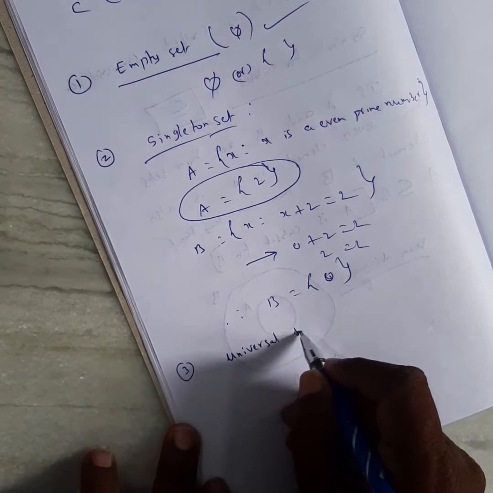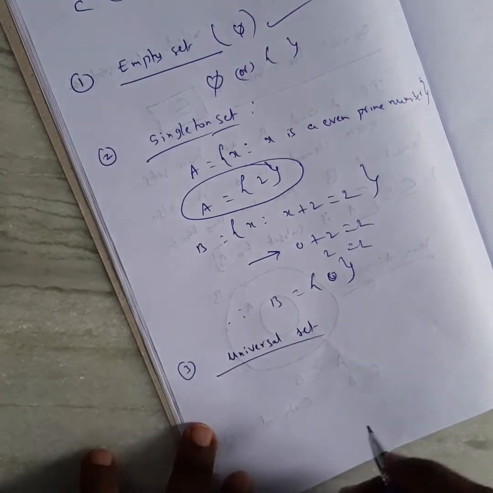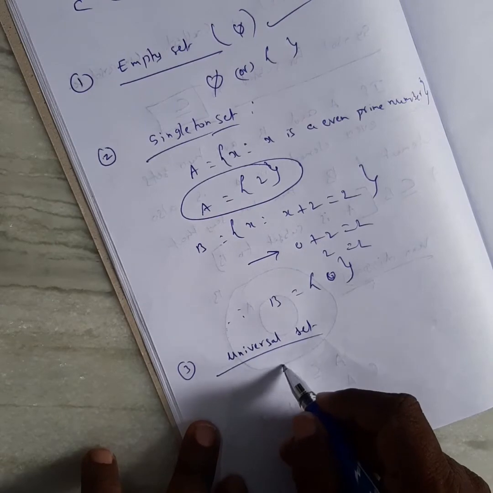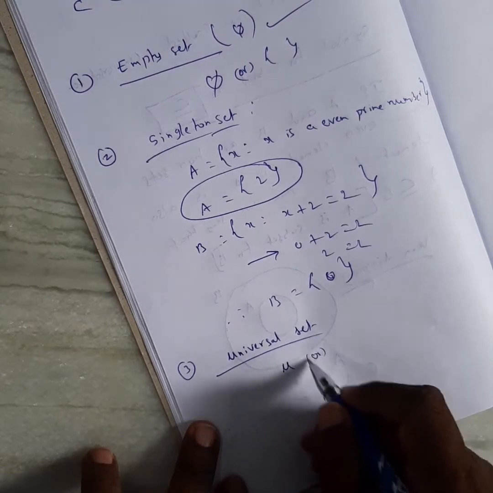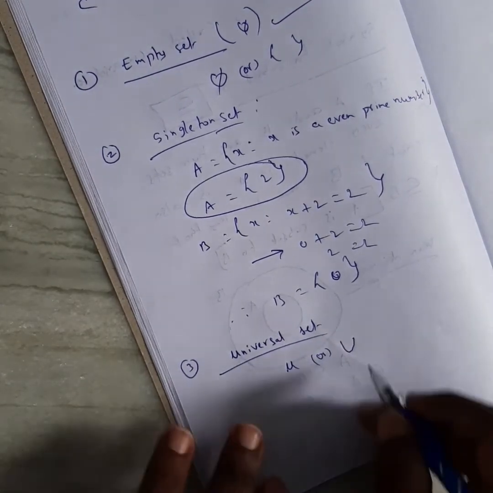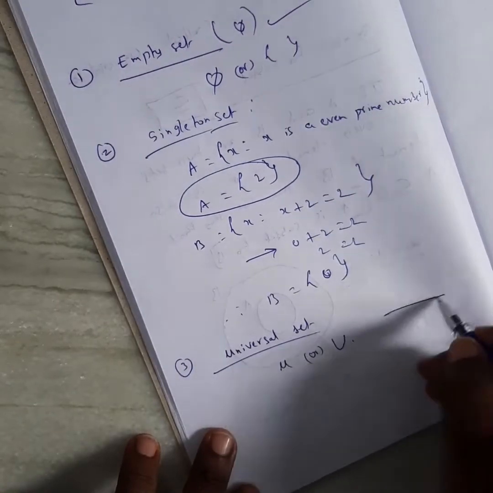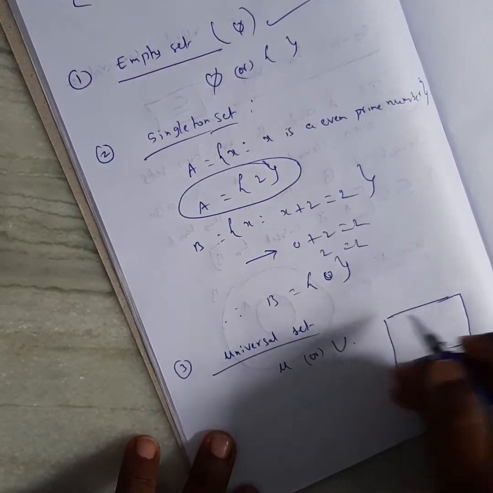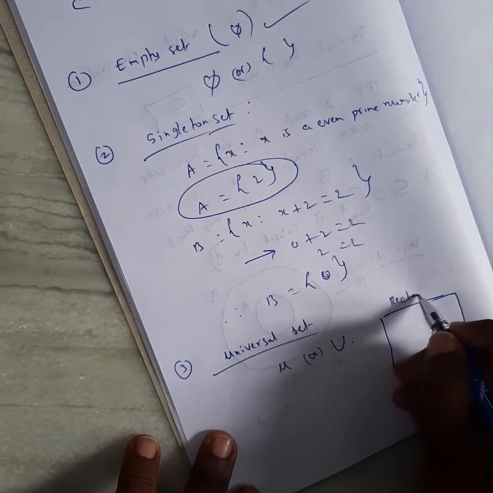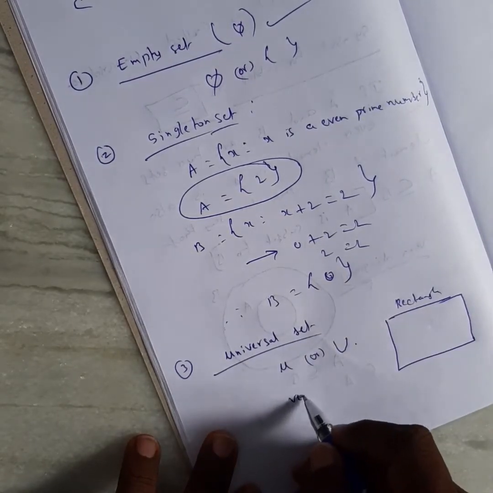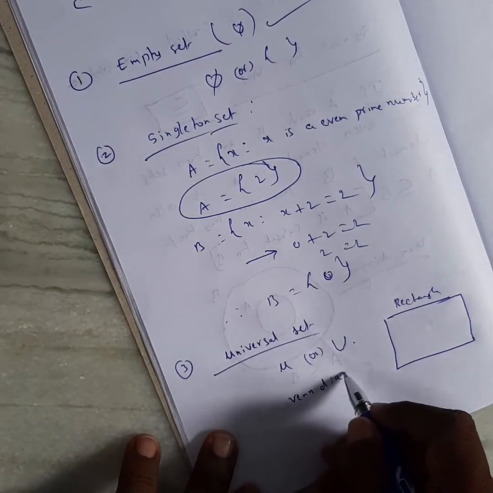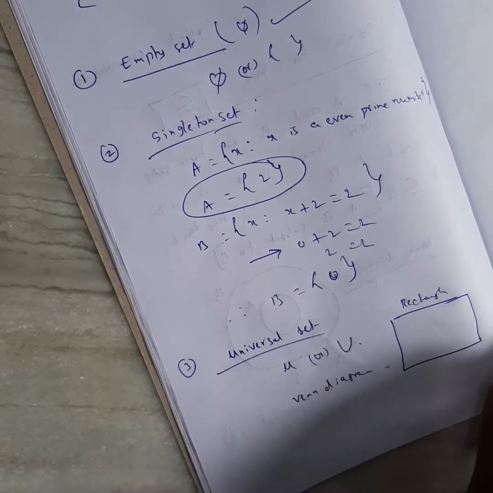Next I explained the universal set. I already told you the universal set is denoted by mu or capital U, and using a Venn diagram it can be represented by a rectangle.